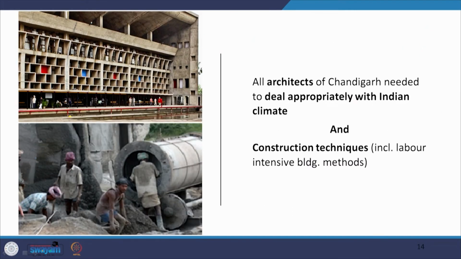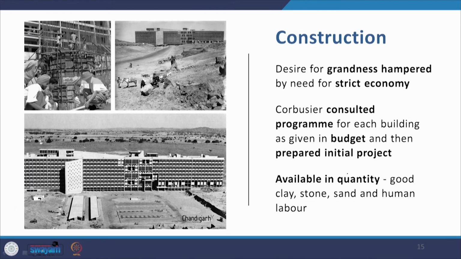Now, all architects in Chandigarh needed to deal appropriately with the Indian climate and with Indian construction techniques, including labor intensive building methods and building materials, which were of a more primitive quality than available in the West. When we consider how Corbusier responded to the construction itself, here is something very interesting. It is not true that iconic or great architects do not respond favorably to budgets and cost constraints.